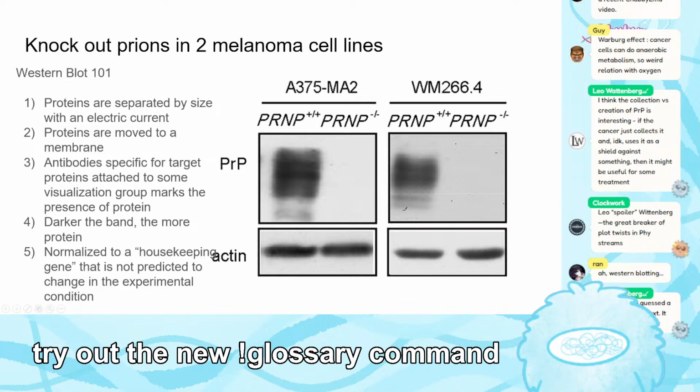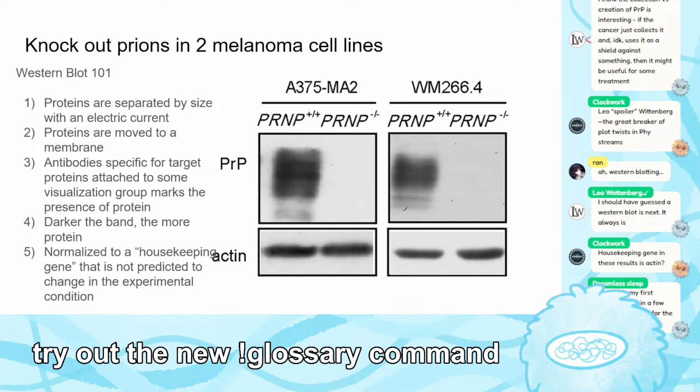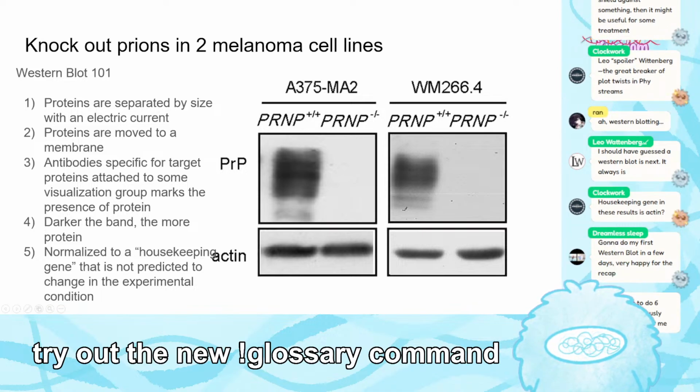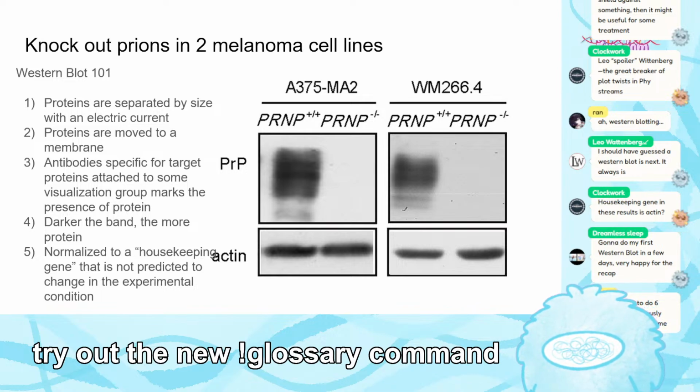You add antibodies specific for a target protein attached to some visualization group, like an enzyme that produces color. Then the darker the band is, the more protein. This is all normalized to what is called a housekeeper gene that is not predicted to change in the experimental conditions. So the Western blot is what is known as a semi-quantitative analysis method. This means that I can't tell you that there is X amount of prion protein.